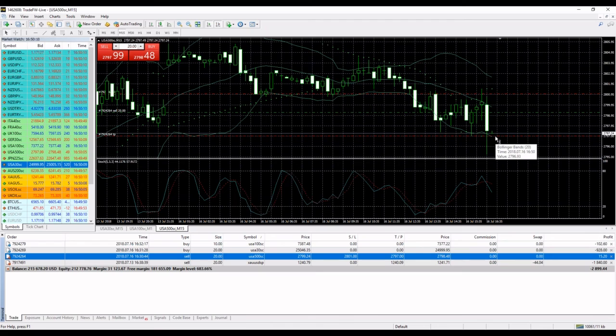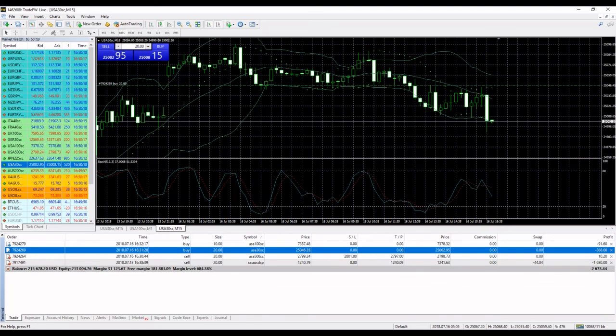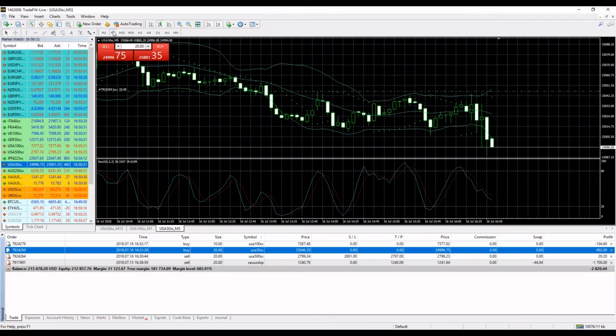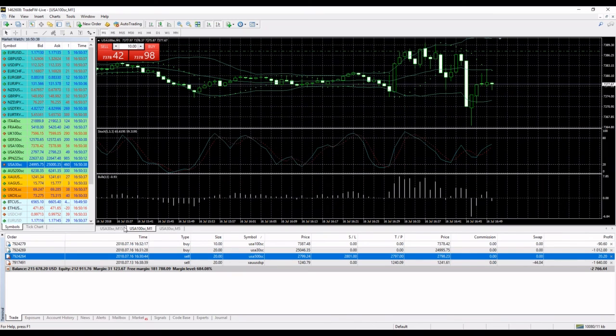Let's go to USA 30, our Dow Jones position. We are long here. We closed our short position, and let's leave it to run a bit. USA 500, what's going on here? USA 100.